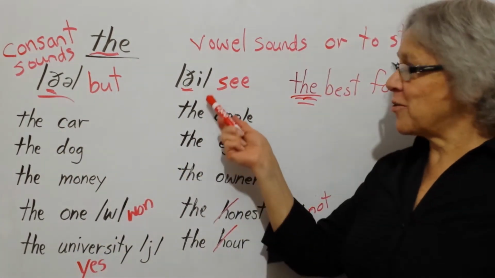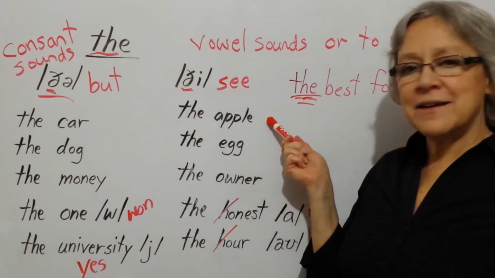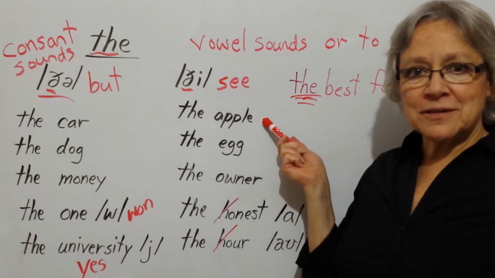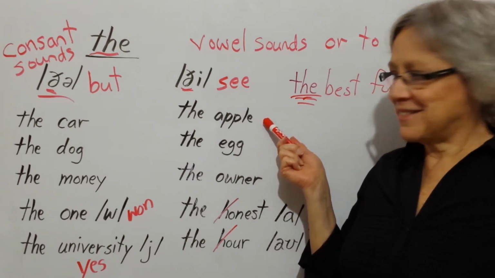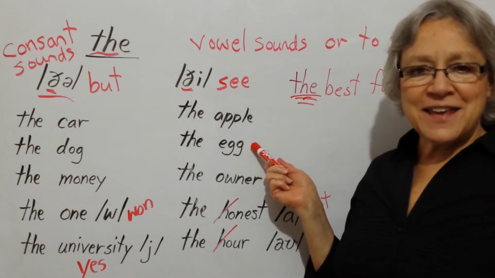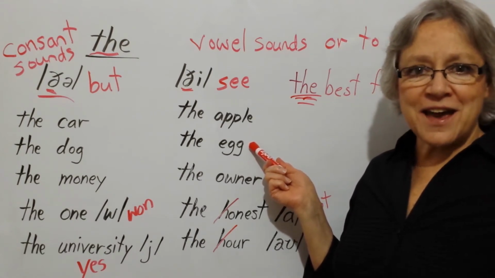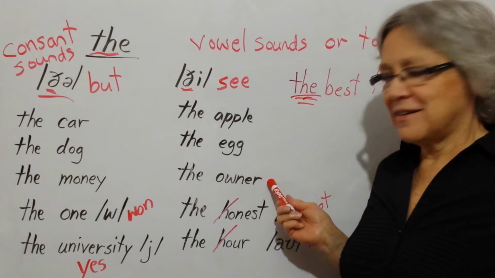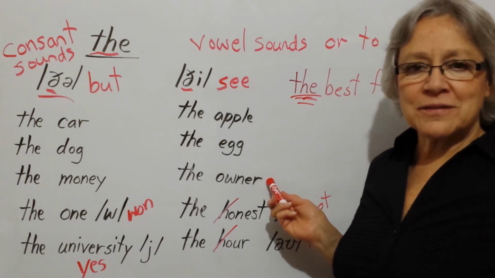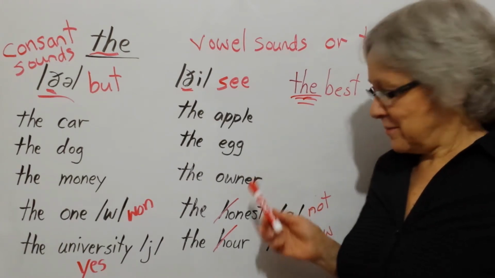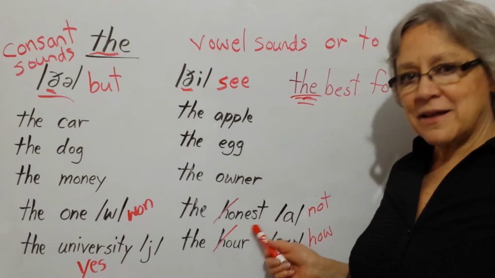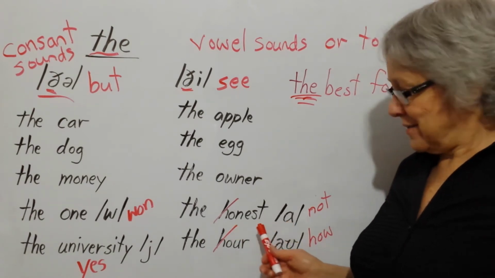Now these are going to be the apple, the apple, the egg, the egg, the owner, the owner. And this starts with ah.